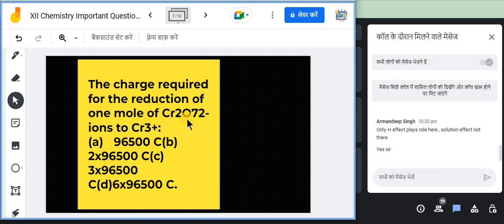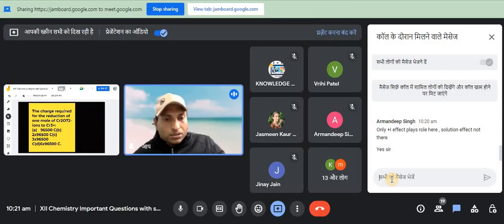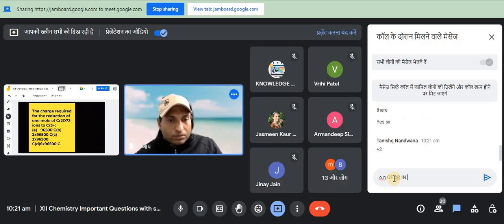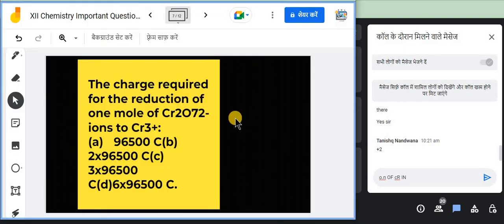What is the oxidation number of chromium in Cr2O7 2 negative? We calculate this way: 2x plus 7 into minus 2 is equal to minus 2. It would be plus 6.